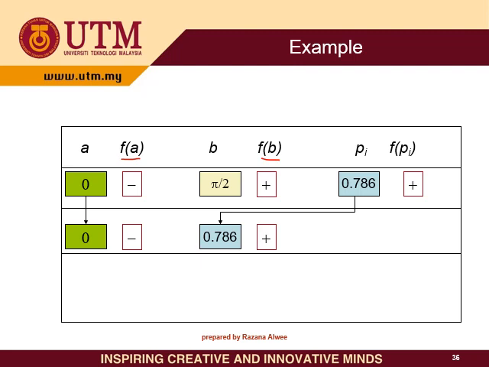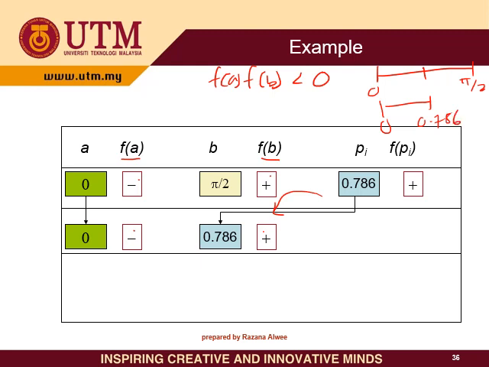Because remember, f(a) times f(b) must be less than 0, so this is minus, plus. When you get the second iteration, this is minus, so you must take this plus here to replace the plus before. So 0 and pi over 2, and then the second iteration will be 0 and 0.786.